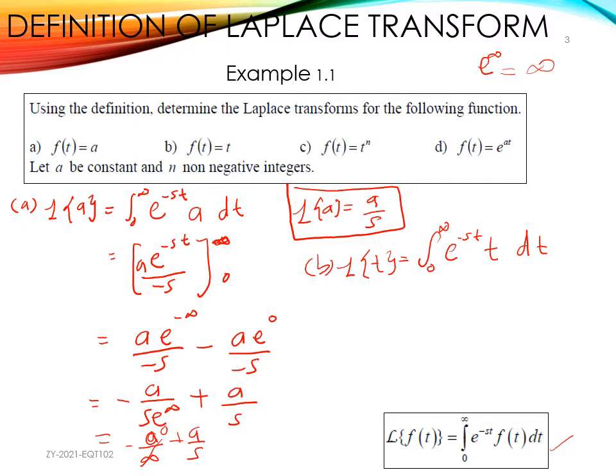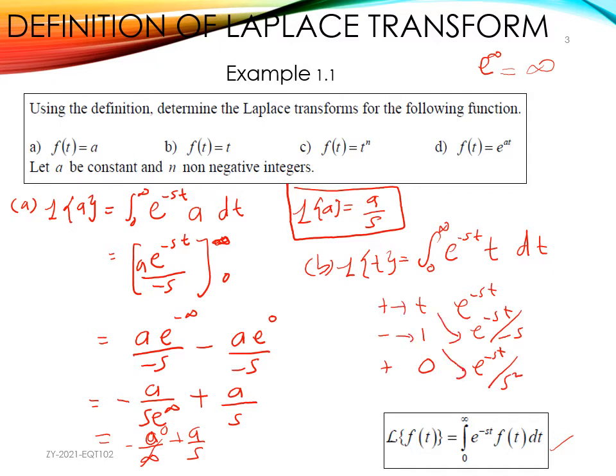Positive t, e to the negative st, then negative 1, positive 0. So e to the negative st divided by negative s, and then e to the negative st divided by s squared.